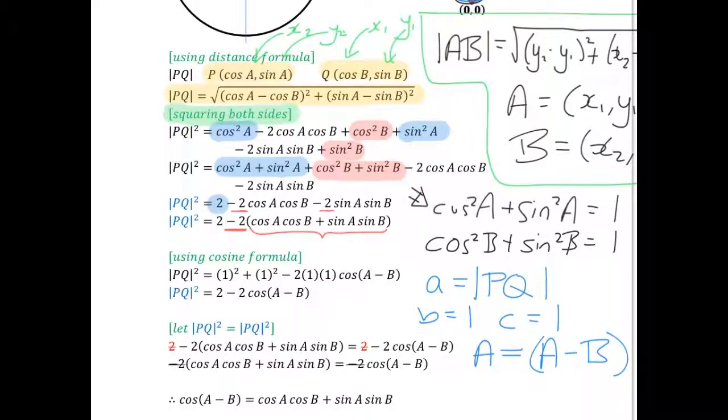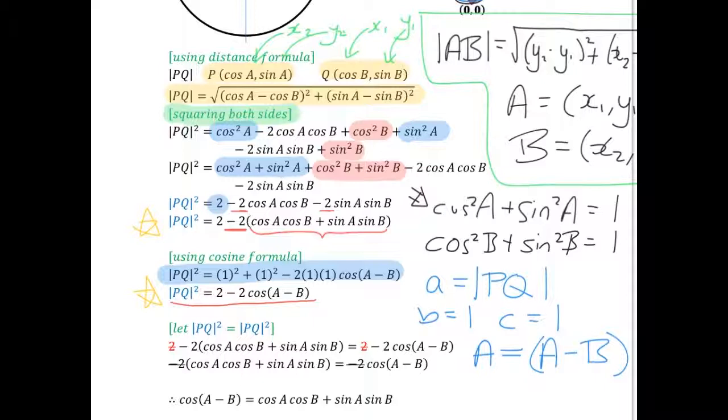So filling in those values into our cosine rule formula, once we simplify this down, we have PQ squared being equal to 2 minus 2 cos A minus B. So now we look at these two formulae here.